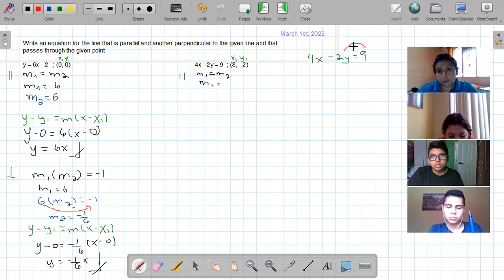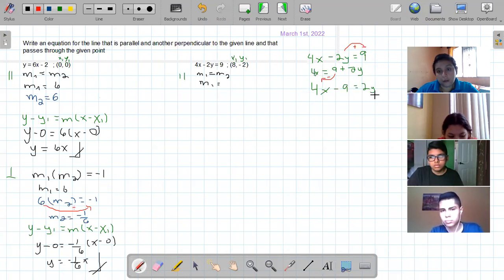If it's negative, it goes positive. And I have 4x is equal to 9 plus 2y. Now I have my variable y positive, but it's not alone. So the 9 passes to the other side, subtracting. So I have 4x minus 9 is equal to 2y.